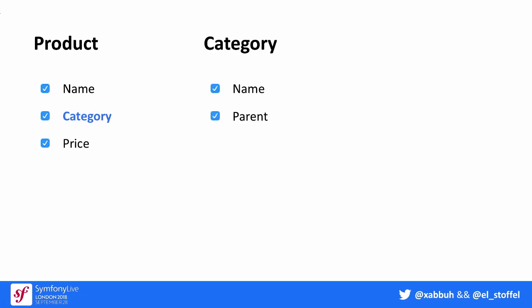The domain is: we have a product with a name, a category, and a price. A category having a name and a parent category, so it's not mandatory, but we can create tree structures, for example. And we have a price entity as well, having an amount, a tax, and a currency, of course.